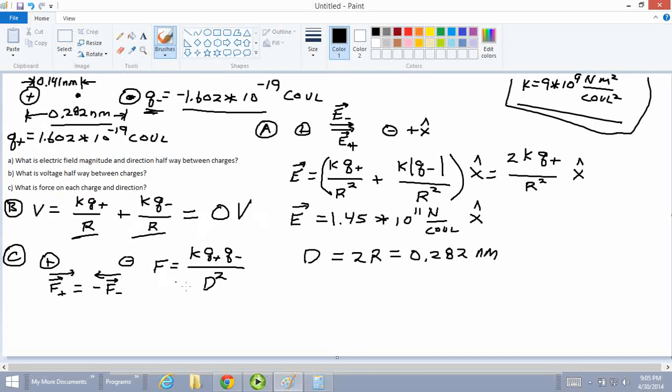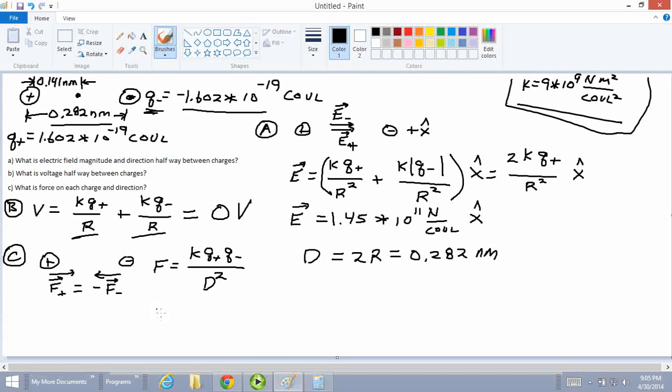You have to go through the calculation, and you would find, of course, the force would be that. And it's in the positive or negative x direction depending on what is acting on what. So F plus would be greater than 0. It's in the positive x direction. F minus is in the negative x direction.